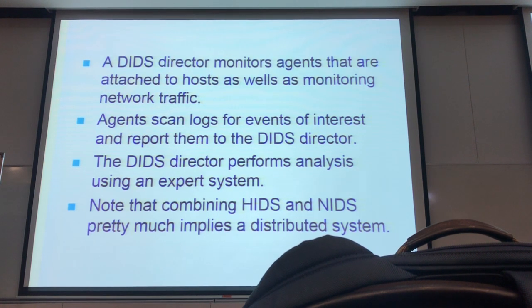Then you can identify this is a potential port scanning attack. In this case, we can notify the firewall to block all future packets from a particular source. So in this case, we combine the information not from one machine, but from different machines.